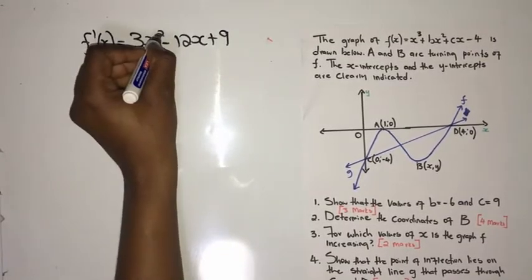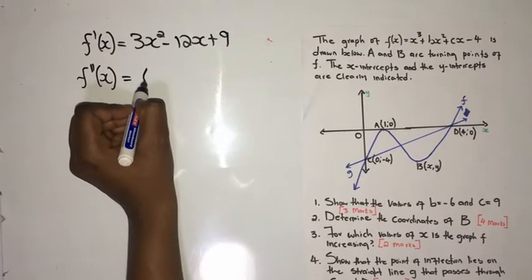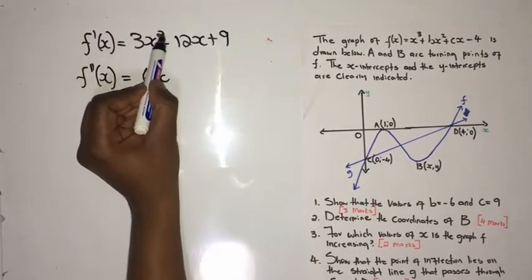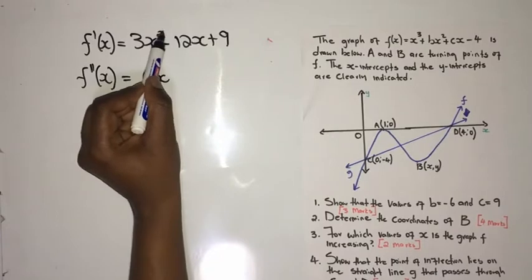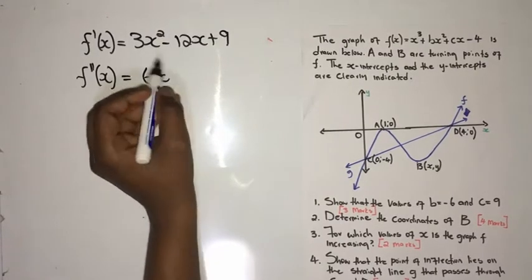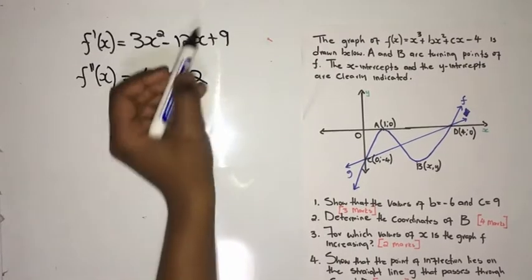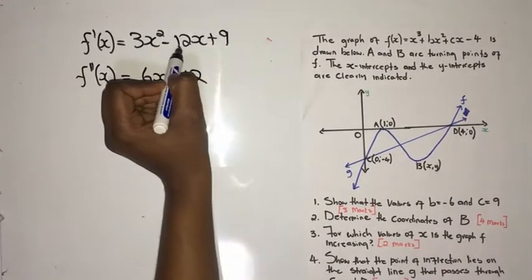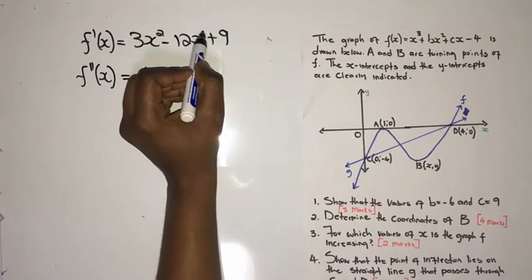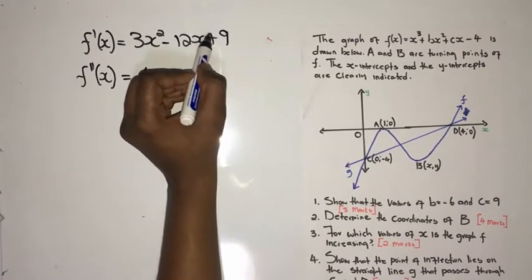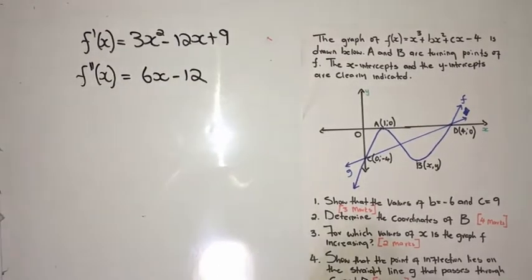This is going to give you 6x, remember, 2 times 3 is 6, and then subtract 1 from the power, left with just 1. Then minus 12, because the 1 there multiplied by 12 is just 12, and the x is raised to the power of 1 minus 1, which is 0. Anything to the power of 0 is 1.